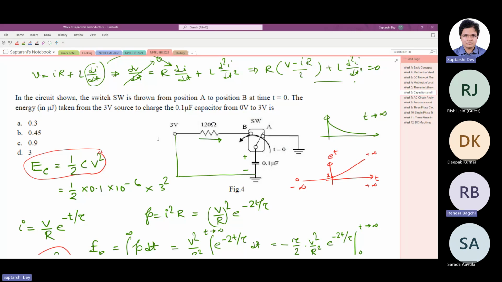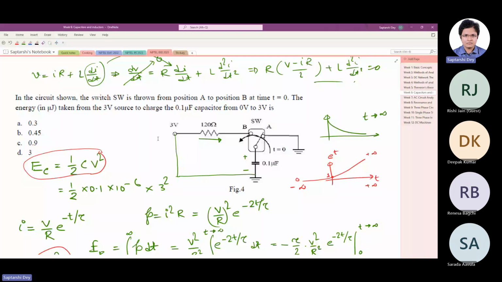It's one simple RC circuit. From B, current is going, so it has been marked I1, and down it is going, so it has been marked I2. So I1 is equal to I2. No, I1 plus I2 is equal to 0 because the directions are different.